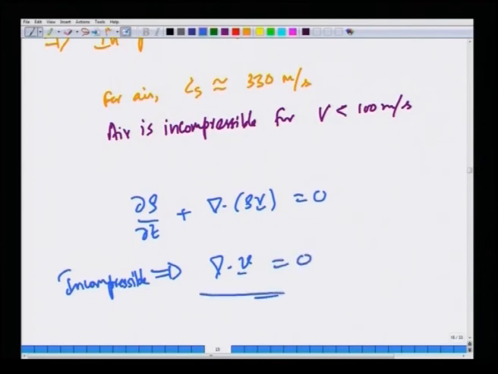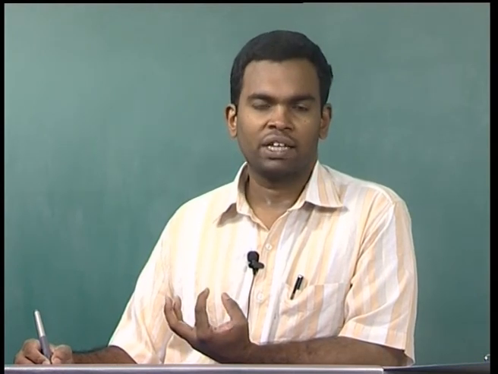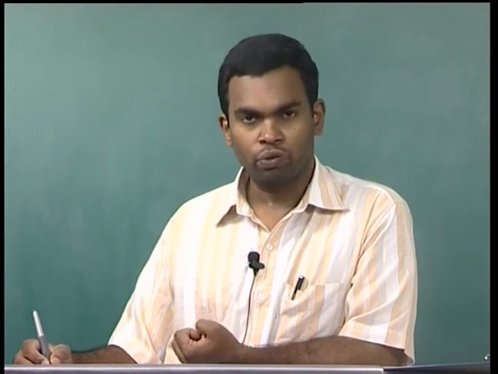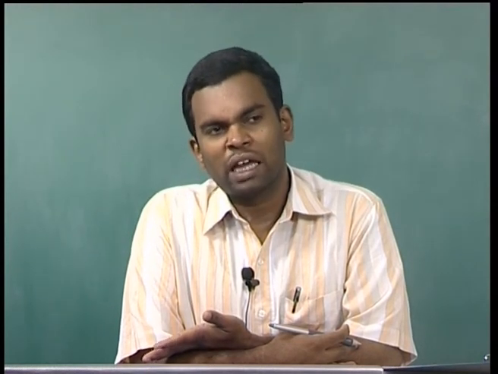What is the importance of this equation? This is always valid. You cannot have a flow which violates this, because the continuity equation is merely a statement of conservation of mass that is valid at each and every point in the flow. So, we cannot imagine any fluid or any flow where the velocity profile violates this continuity equation as long as the flow is incompressible.